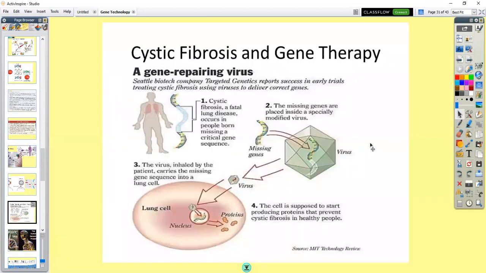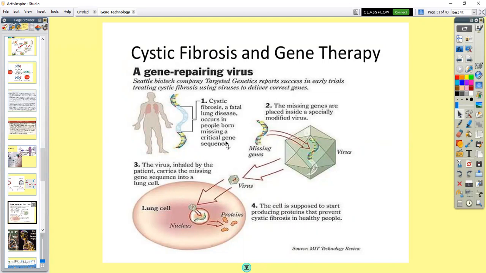Okay, cystic fibrosis is one example of a disease which can be partially cured, if you like, by gene therapy. So with cystic fibrosis, individuals don't produce an enzyme which breaks down mucus in their lungs, so they tend to suffer from a lot of lung infections, etc. Their lungs don't work properly, essentially.